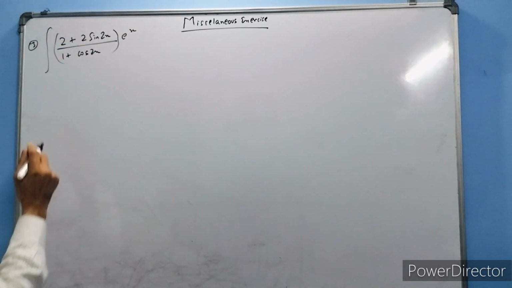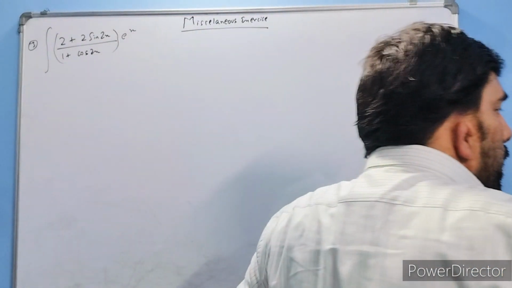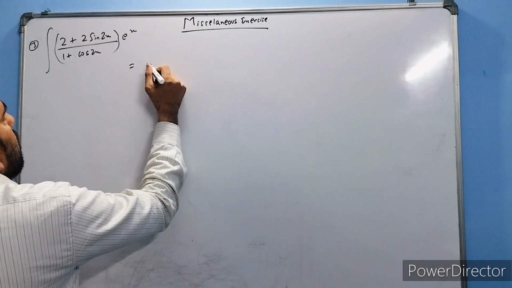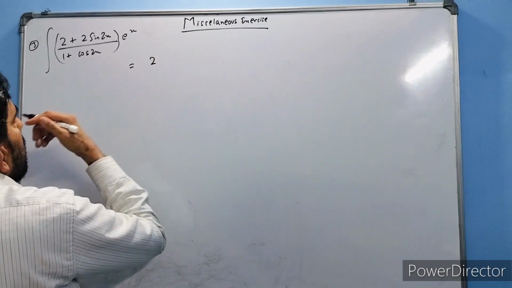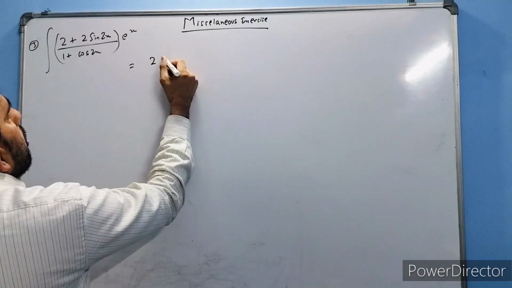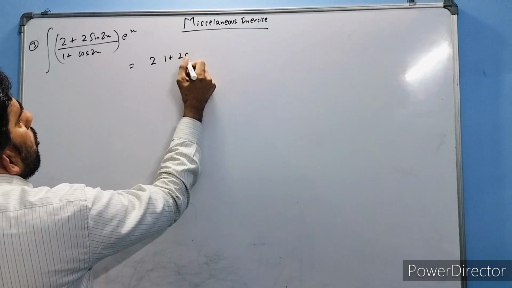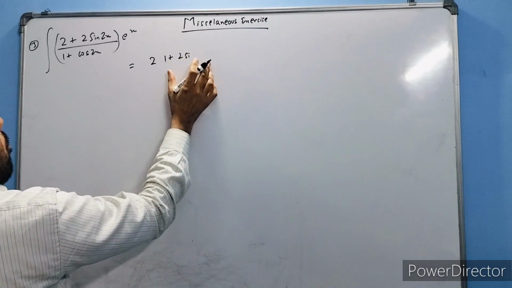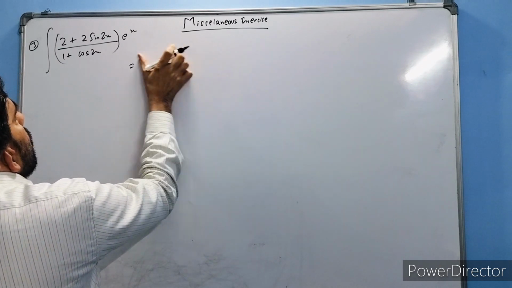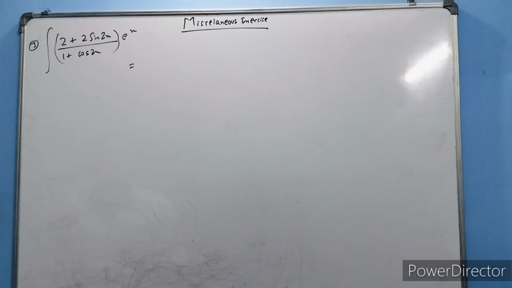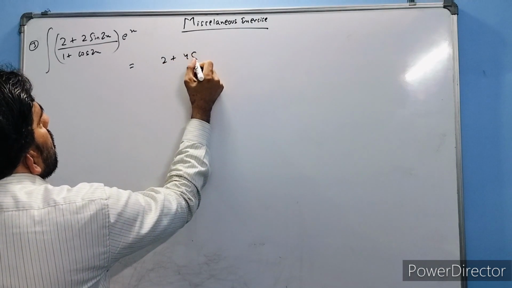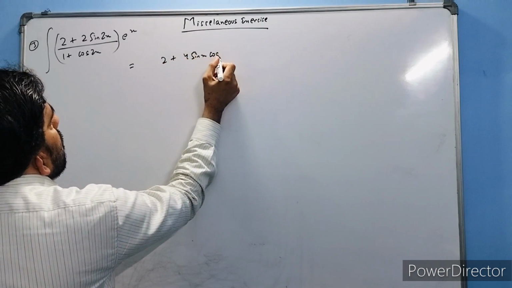Okay, now let us try. What we can do here is take 2 common. We'll try to solve 2 plus 4 sin x cos x.